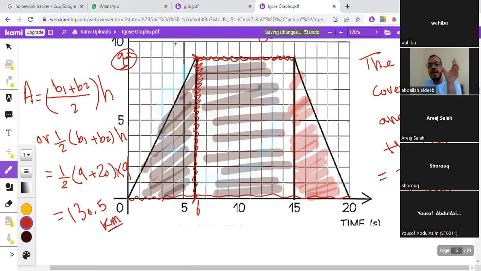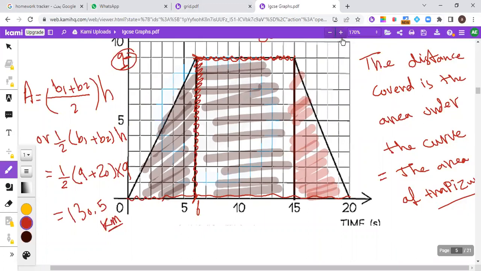But teacher, if I calculate the area of the triangle alone, then the rectangle, then the triangle, the answer will change? No, the answer will be the same. Okay, please copy.